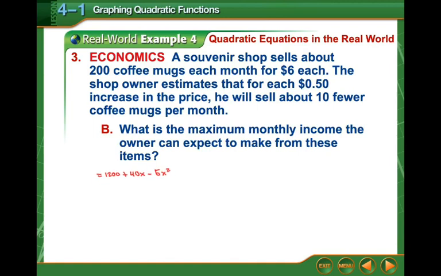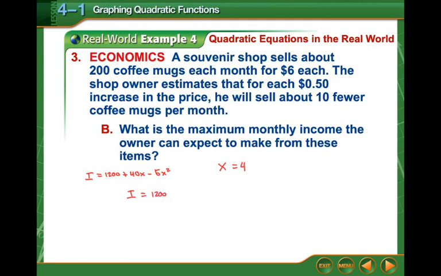And again, here's our equation. That's our I, which is income, right? So we want to find our maximum for that. We know that the x value is 4. So all we have to do is plug in the 4 to this, and it will give us the y value that is the maximum, or the I value that is the maximum.